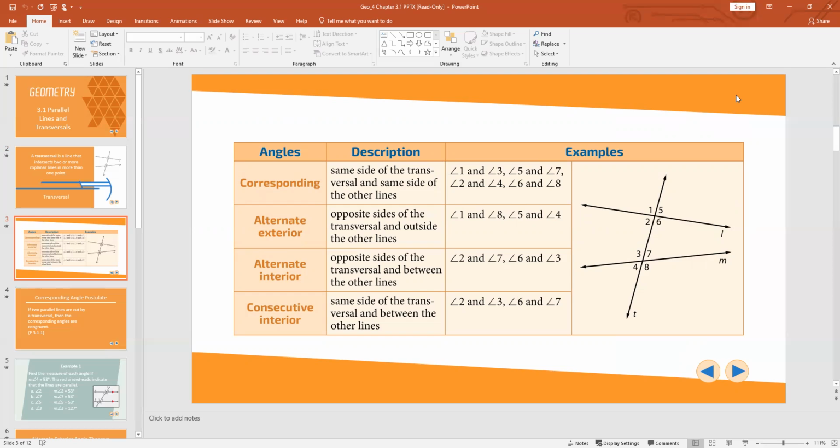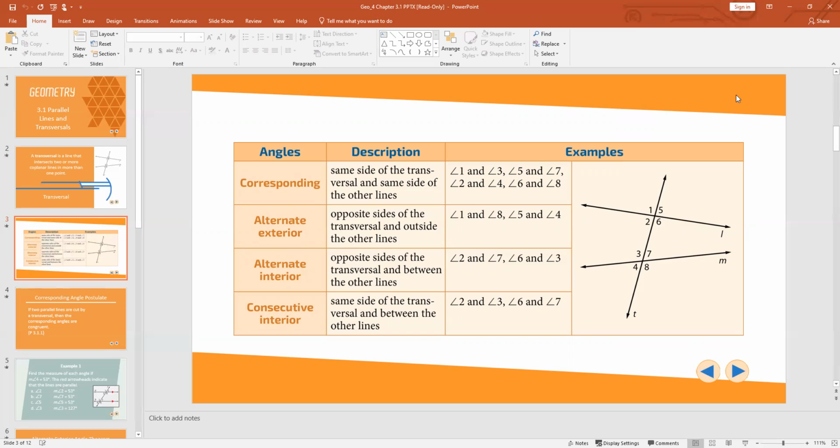Alternate exterior angles are on opposite sides of the transversal and outside the other lines. So do we understand how the top of line L and the bottom of line M are the outside of those lines? Does that make sense to all of you? Whereas the inside is what we call the bottom of line L and the top of line M, because it's inside the boundary created by those two lines.